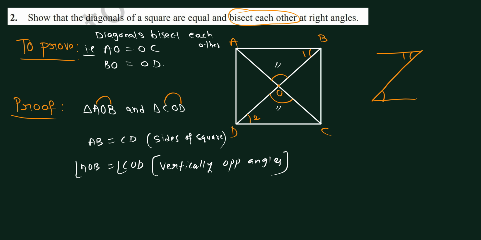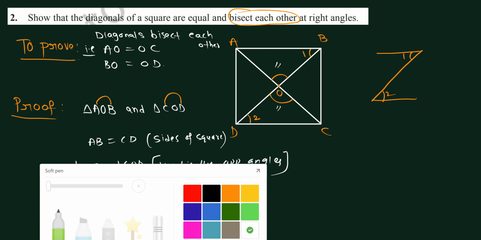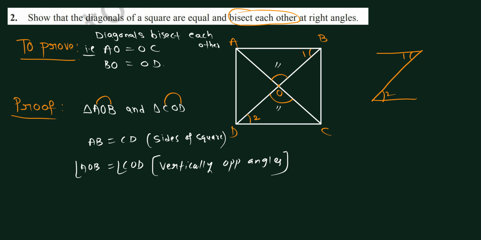These two angles we can call alternate interior angles. Can I say these two alternate interior angles are equal? So write down: alternate interior angles are equal. Angle 1 is equal to angle 2.